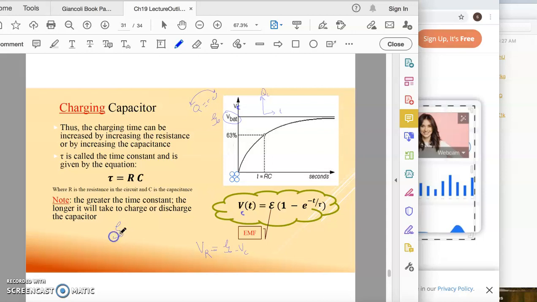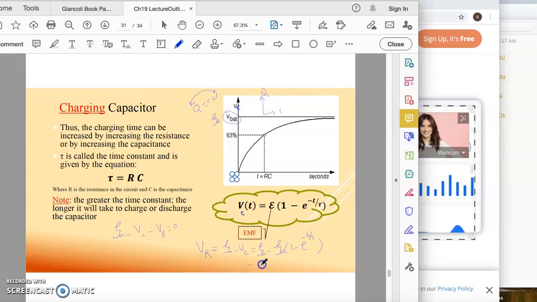From Kirchhoff's rule, the voltage across the closed loop is the battery minus the voltage across the capacitor minus the voltage across the resistor, which is 0. So V_R is equal to epsilon minus V_C, which is epsilon minus epsilon times (1 minus exponential of minus t over tau).